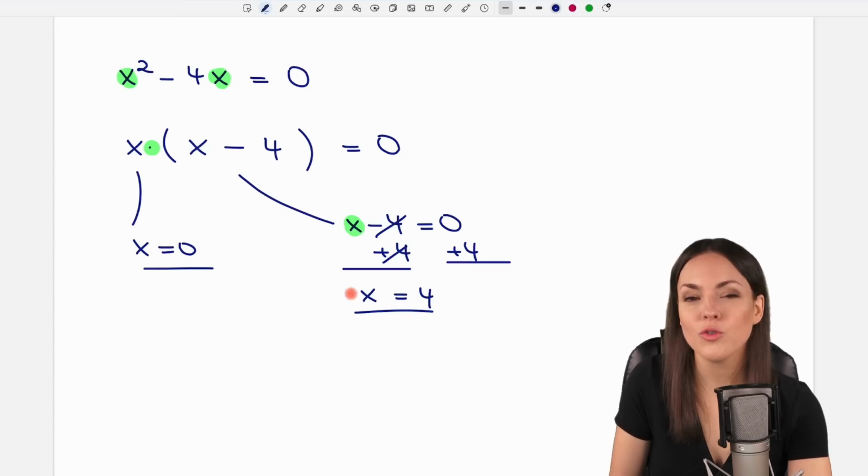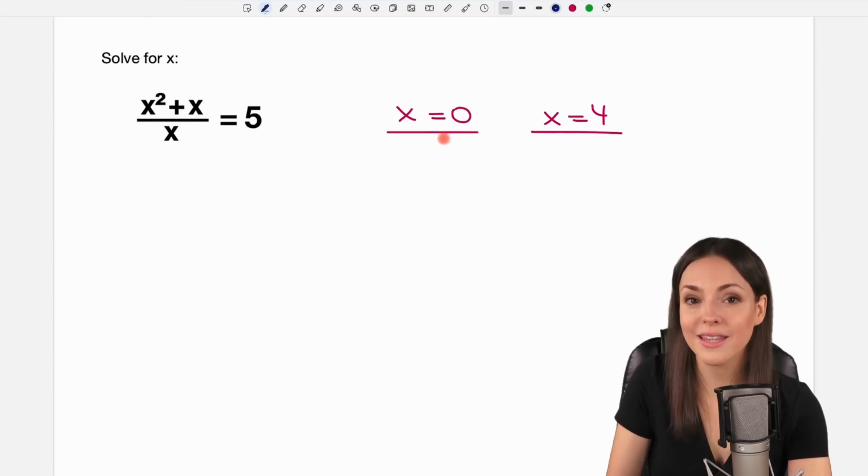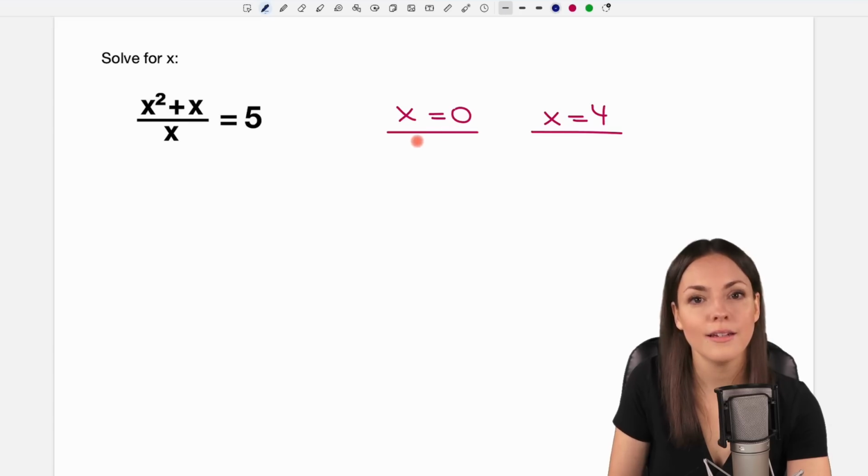So I found two solutions, but the thing is we had a fractional equation here, so we have to check if these solutions are valid. What about the 0? If I plug in the 0 for my x here, for example, I divide by 0, which is not a good thing and which is not allowed.